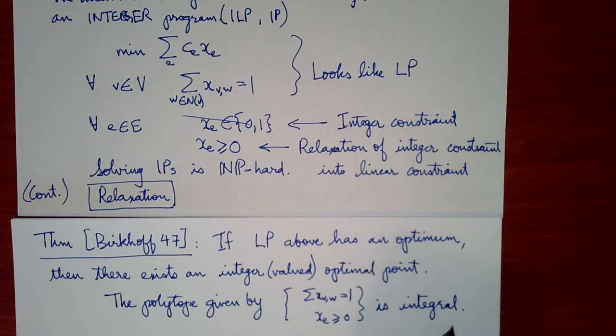This is an equivalent, alternate statement. Basically, this means that the vertices of this polytope are integral. And we will discuss this later when we talk about the integrality of polyhedra.